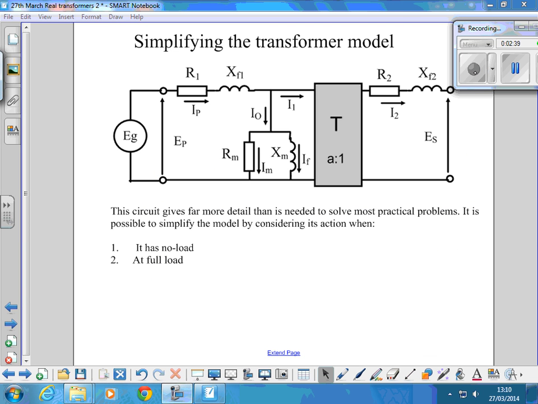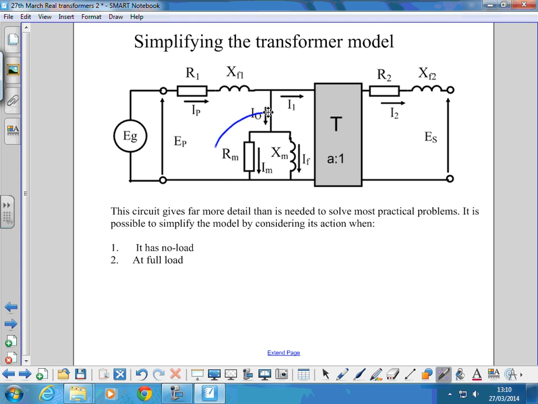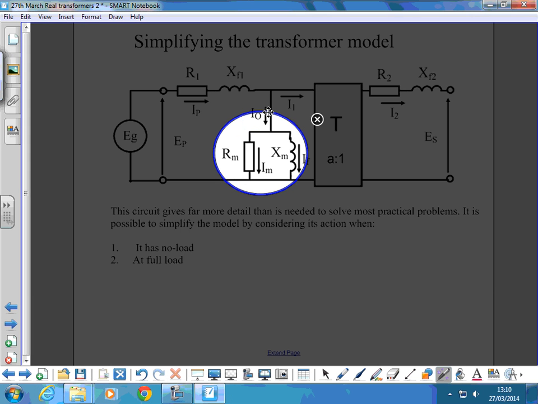So, simplifying the transformer model. The full equivalent circuit for a transformer that we developed last week, where RM and XM represent the core losses and the magnetizing current required to magnetize the primary side, and that will cause a current to flow even when a transformer is open circuit in the secondary.